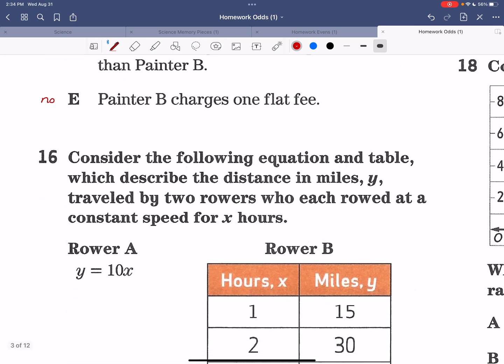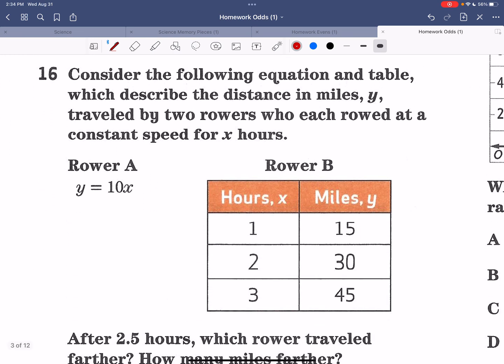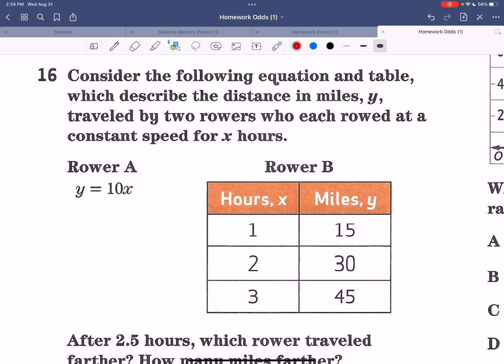Number 16. Consider the following equation and table which describe the distance in miles y traveled by 2 rowers who each rowed at a constant speed for X hours. So a graph of this scenario would look like this, where you have, gosh, that's too big.